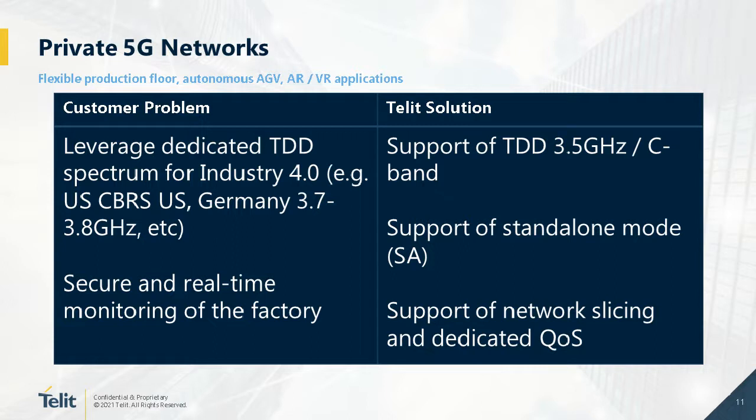And we do support also standalone mode on those bands, and we support also network slicing, and therefore we can leverage the different quality of services required by the industry.